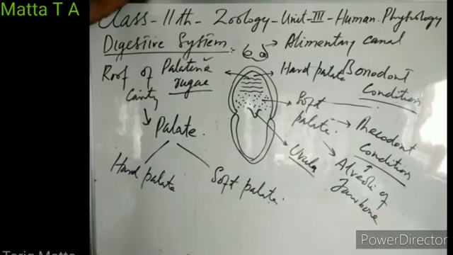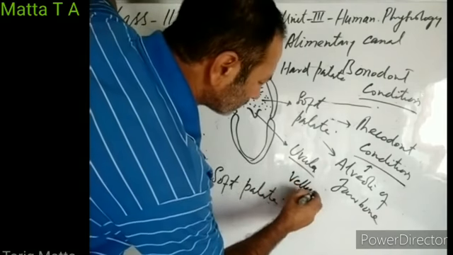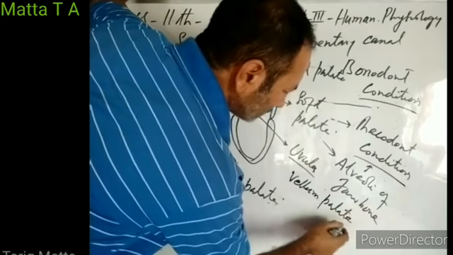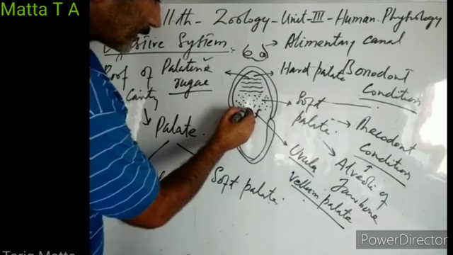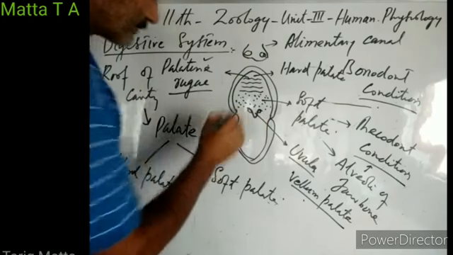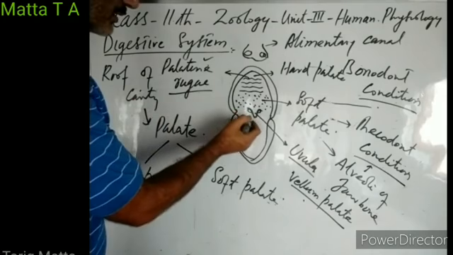It is known as uvula, or it is known as velum palati. What is its function? It covers the two openings of the internal nares. Just behind it, our nasal chambers open into the pharynx, right? So behind this, there is the pharynx.